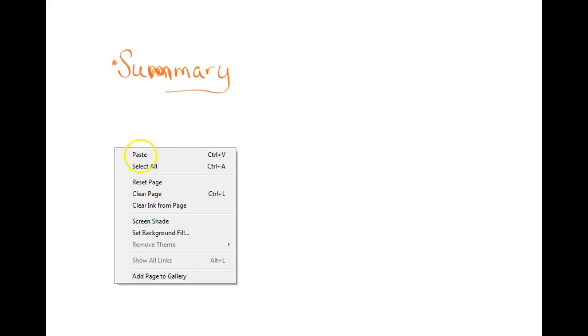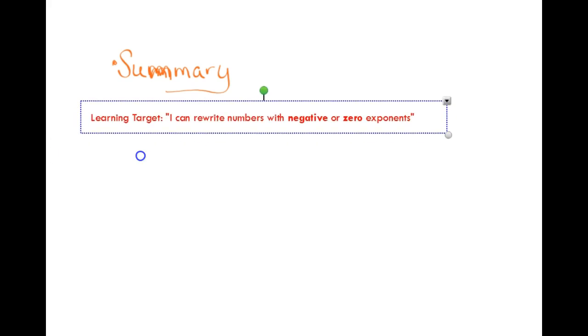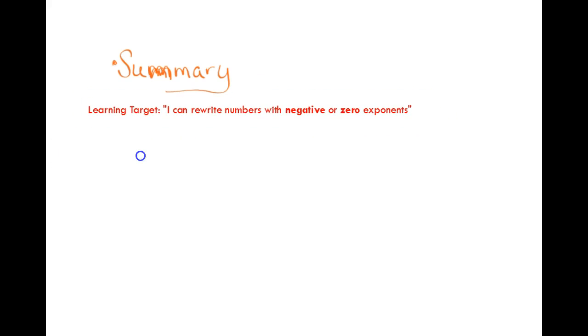Alright, I was asked by a couple students to remind you in the video that you need to do a summary. So please, please, please do the summary. I'm not only going to remind you to do the summary, but we're going to help you get a start on it. So remember, this might be a place where you can start every summary with the learning target.